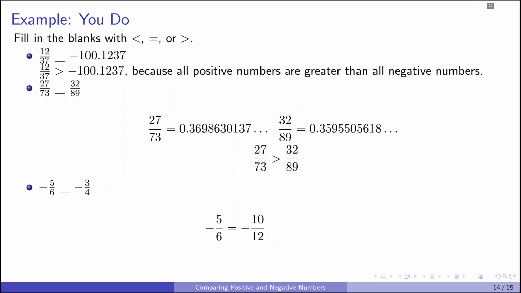Our second fraction, if we multiply top and bottom by 3, we'll get that denominator 12. So that's a negative 9 over 12. Now the negative 5 over 6 is then less than negative 3 over 4 because they are negative, and because 9 over 12 is closer to 0 than 10 out of 12. 9 is closer to 0 than 10.